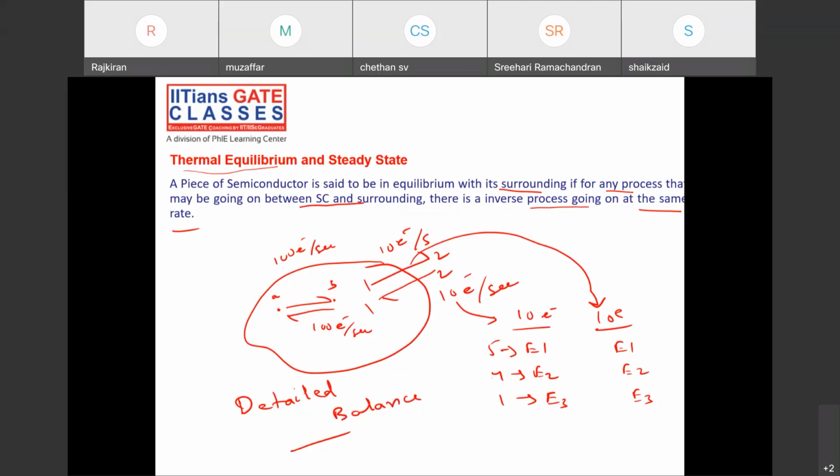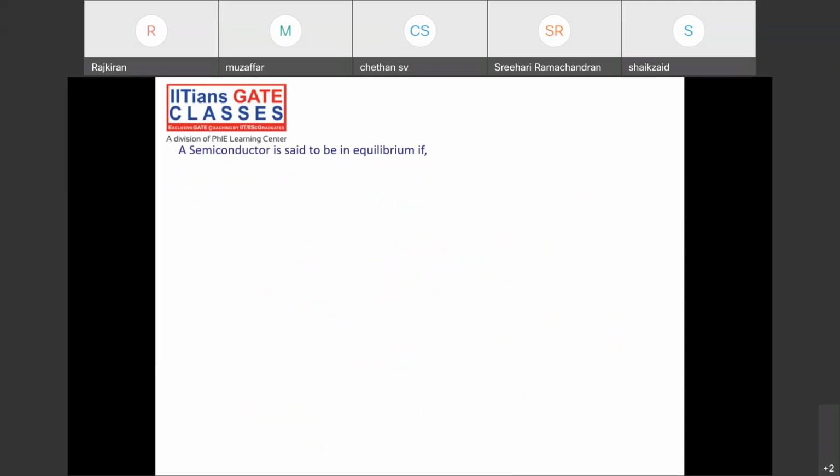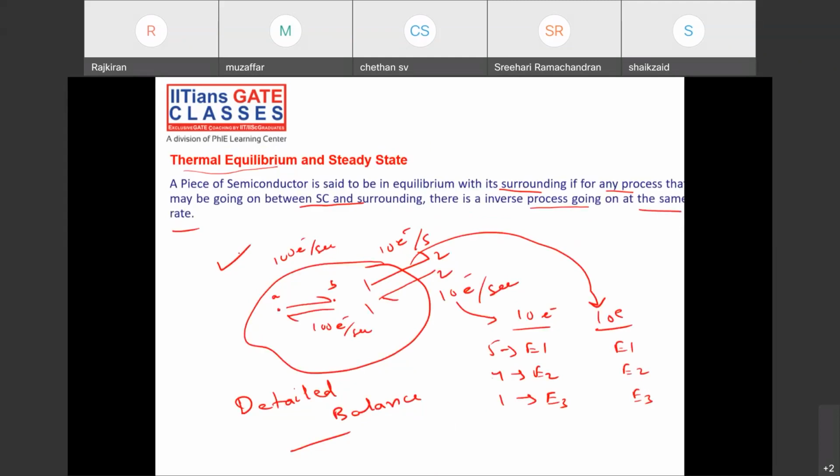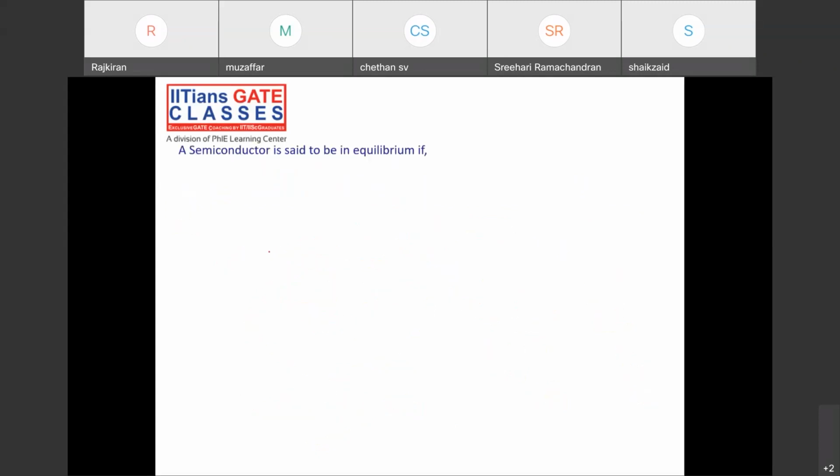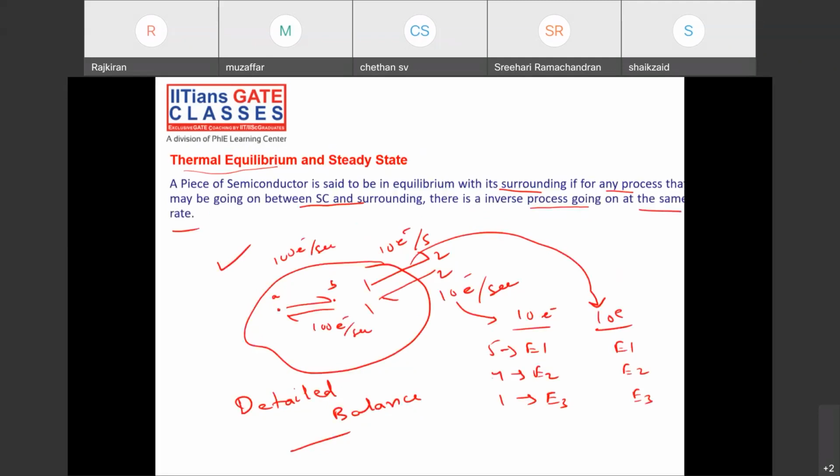So my next question is, what are the conditions that my semiconductor will be in equilibrium? This is your qualitative understanding.